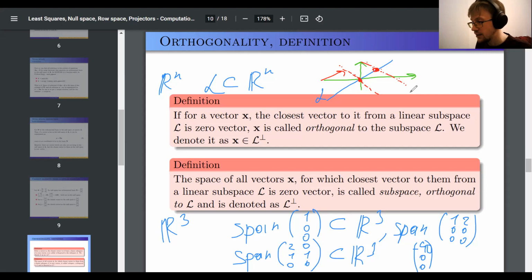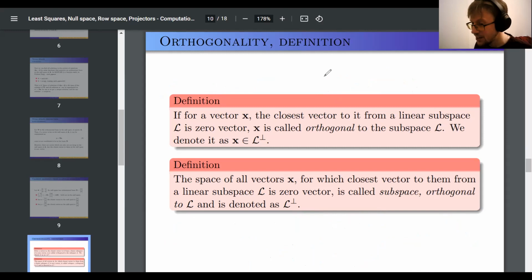Okay, great. Now, I hope I didn't lose all of you on those abstract discussions, but they are important. All right, so the space of all vectors x which are orthogonal to a subspace L is called the orthogonal subspace to L, or we can also call it the orthogonal complement.